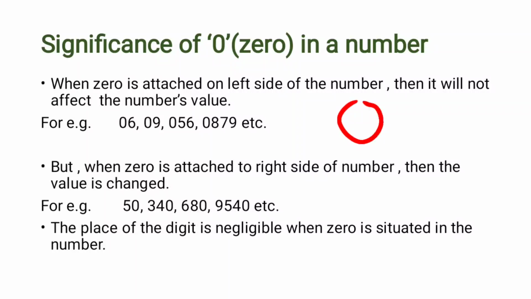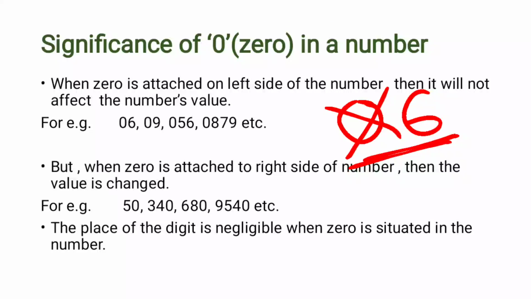Here in practical use we read this number as 6 only, but 0 is present here on left hand side, so we neglect the 0 of the left side as nothing. Okay, so when this 0 is attached to the number on left hand side, then the number will not change.